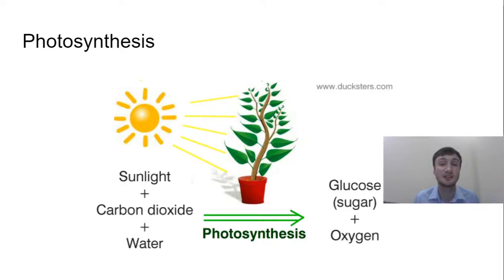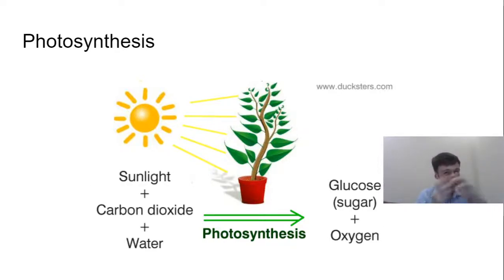It's how plants turn light into energy or into sugar. They make sugar. Plants are sugar machines. So they get sunlight, they get carbon dioxide gas from the air all around us, and they get water.